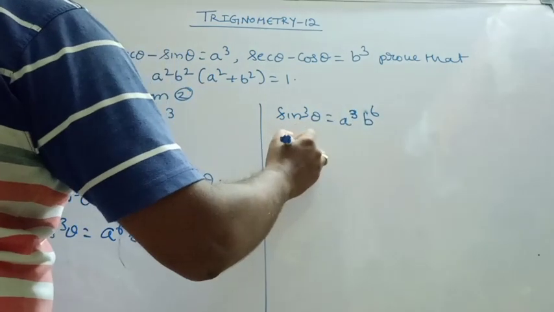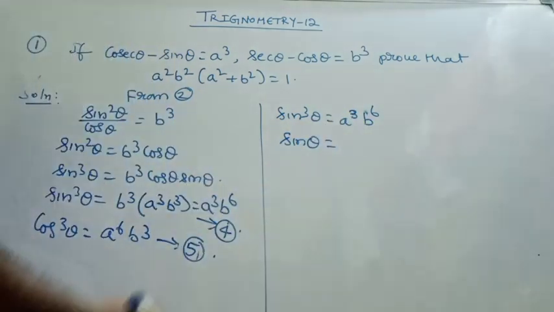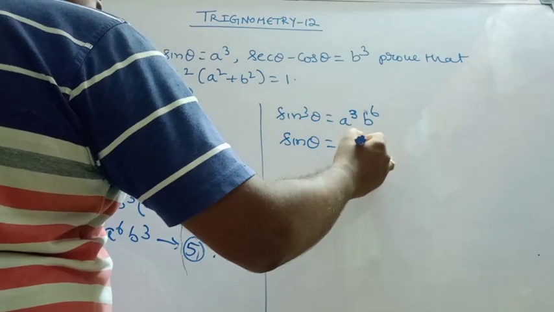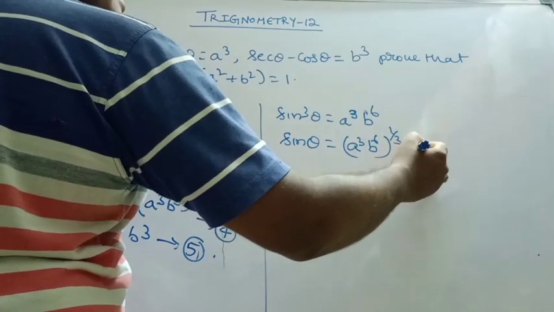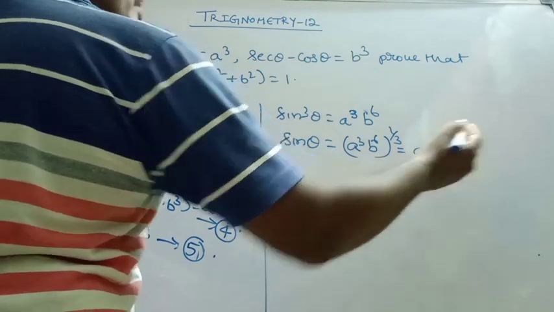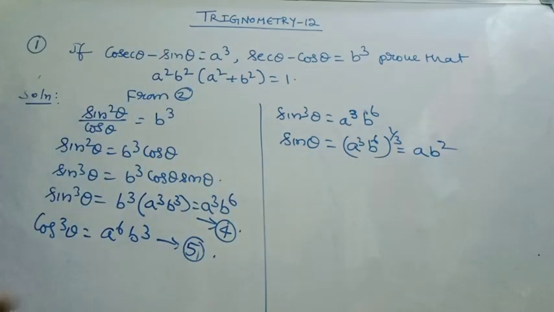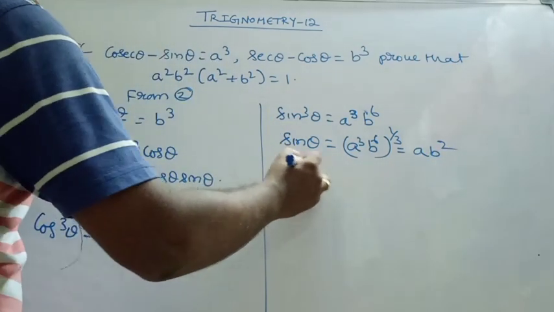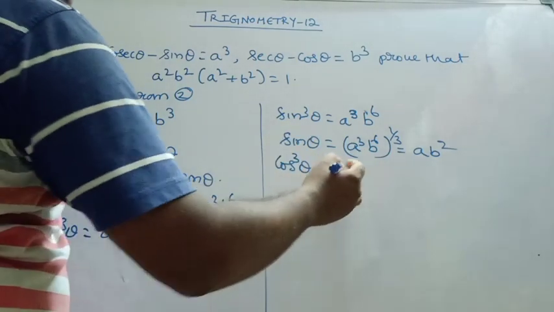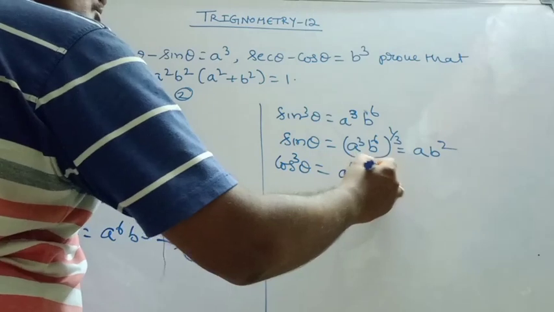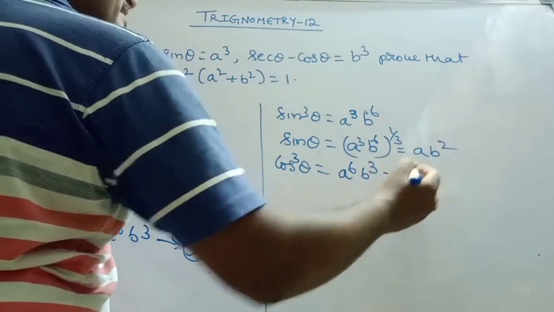That means sin theta is equal to a cube b power 6 whole power 1 by 3, right? This is nothing but a into b square. In the same way, cos cube theta equal to a power 6 b cube, and this becomes a square b.